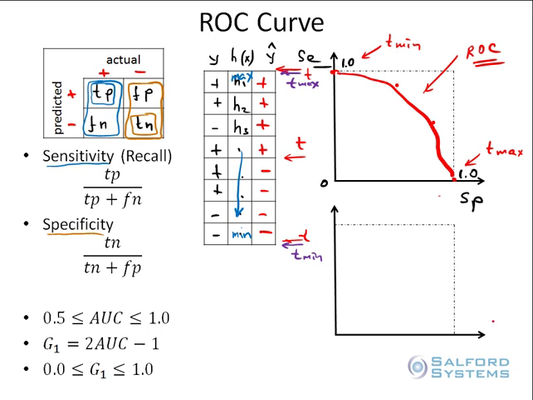It's kind of counterintuitive, and what you will often see out there is an alternative approach where the sensitivity will be coded here, but on the horizontal axis, instead of specificity, people will show 1 minus the specificity.